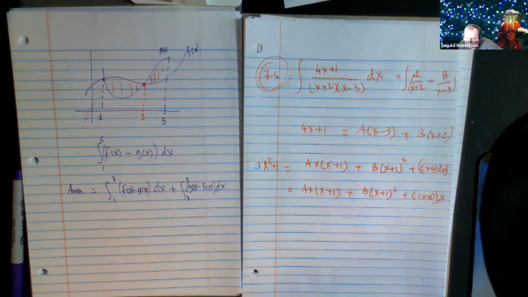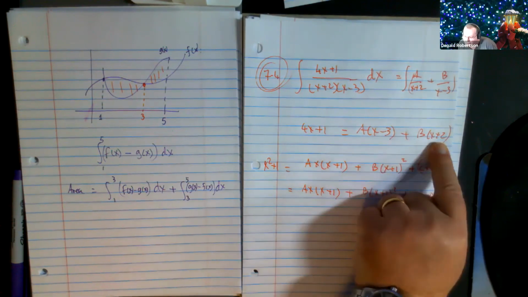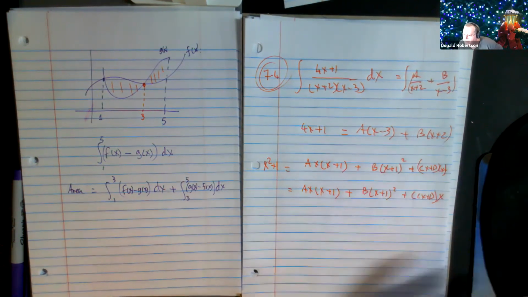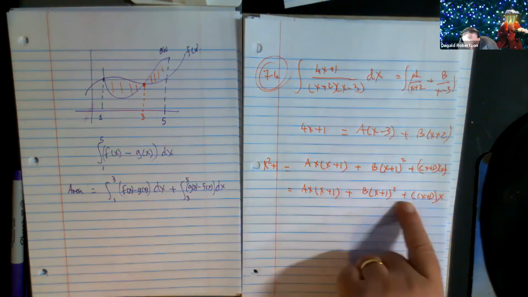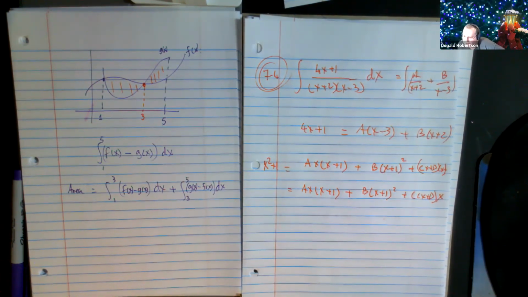Don't you have to be selective about your choices of X when they get complicated? See, in this one up here, couldn't I choose 3 and then choose -2 and it would work fine? Or I could have chosen X is -2 first and then X equals 3 and it would have worked fine, right? In questions where there are multiples, especially a CX plus D term, wouldn't you have to be a little bit more selective about which X you pick?